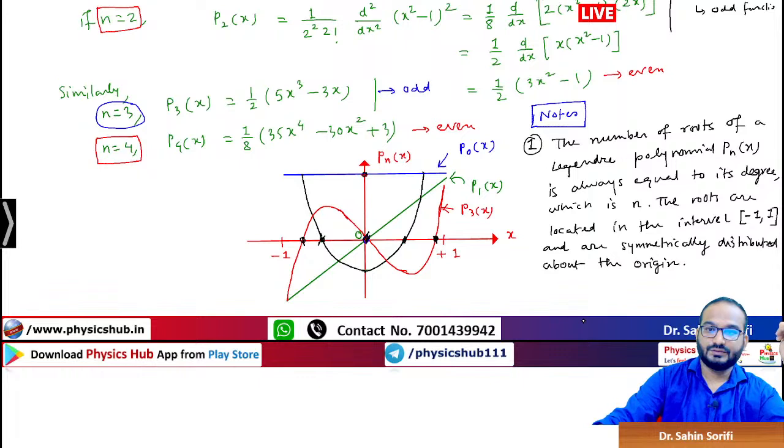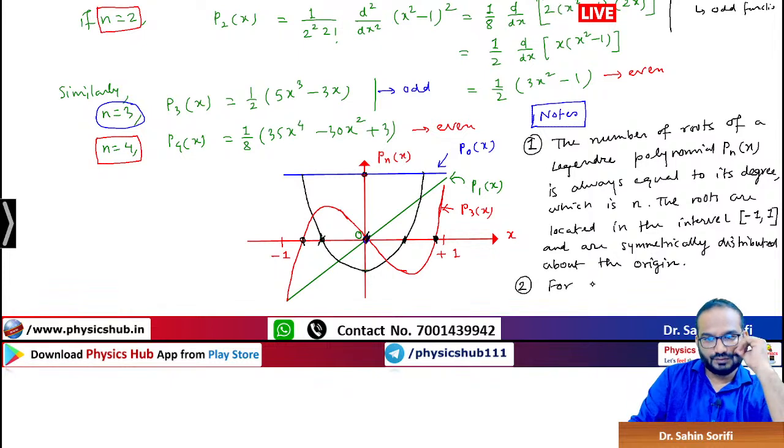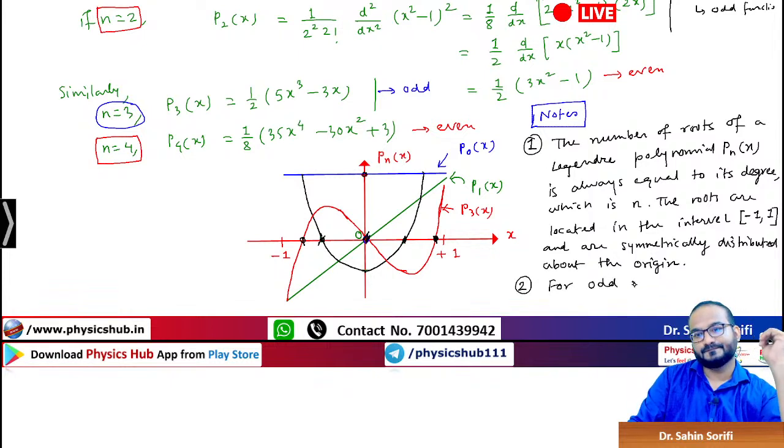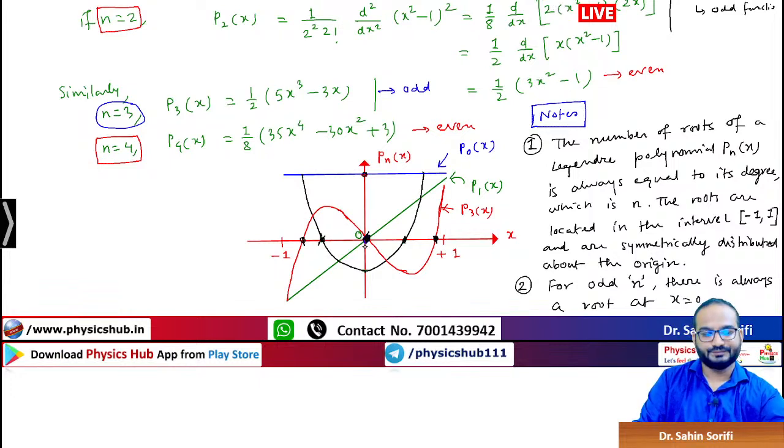Another thing to notice, number 2, for odd n there is always a root at x equals to 0. P1(x), one root at x equals to 0. P3(x), one root will definitely be there at x equals to 0.